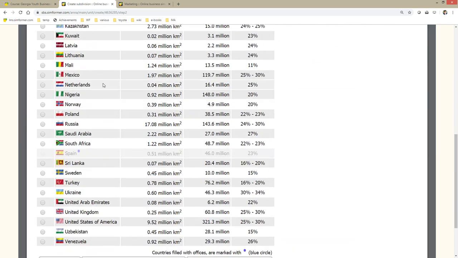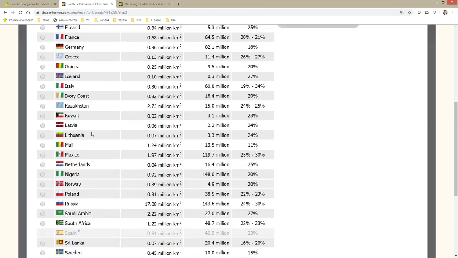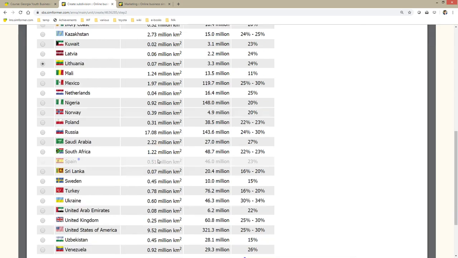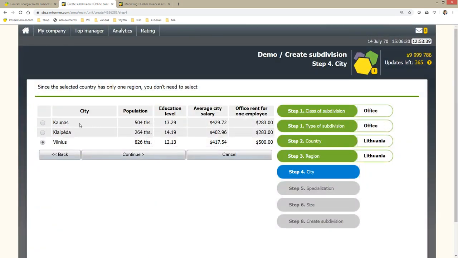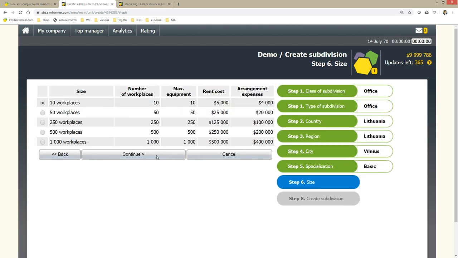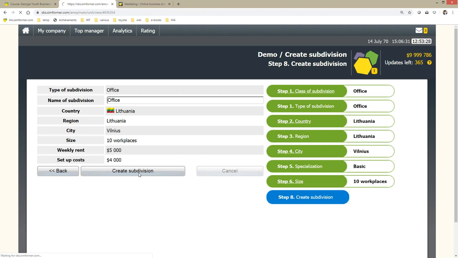As you can see, there are a lot of countries. Spain is already taken because we have an office here. And you can carry on, let's say it's Lithuania, and we can carry on and open a new store here. And a new office, either in Vilnius, Kaunas, or Klaipėda, one of those. And if we go into Vilnius, we choose the size, and we finally have Create Subdivision.